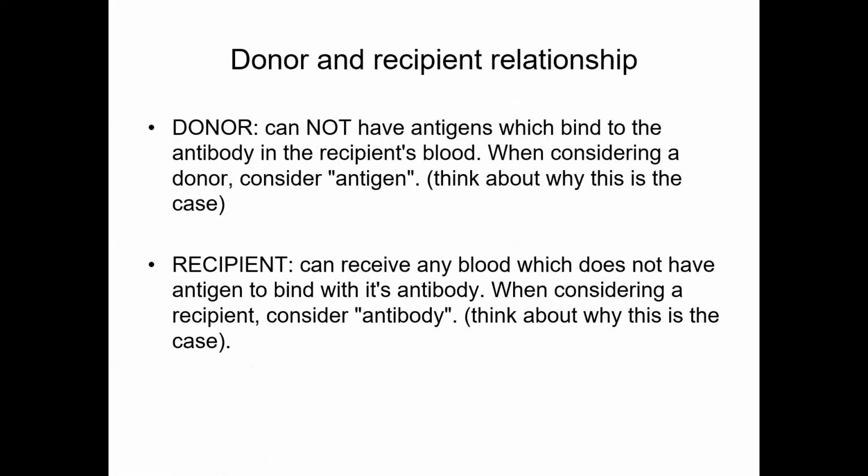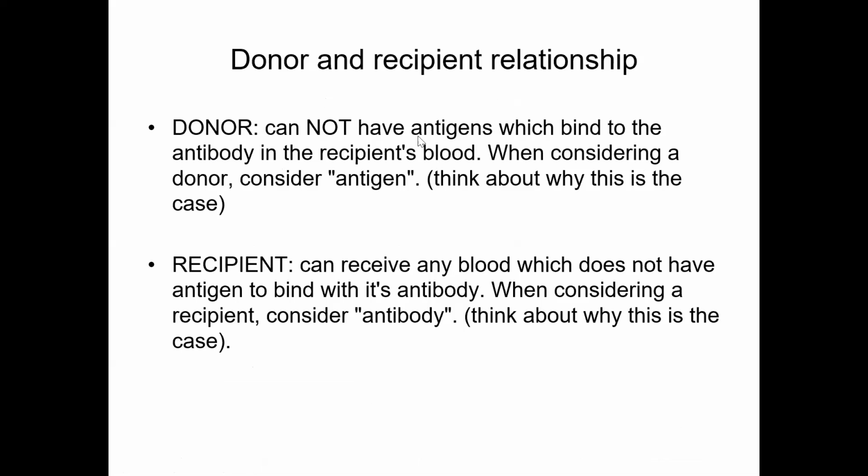All right, so here, donor and recipient relationship. Let's read it. Donor cannot have antigens which bind to the antibody in the recipient's blood. That's what I was explaining on the whiteboard.